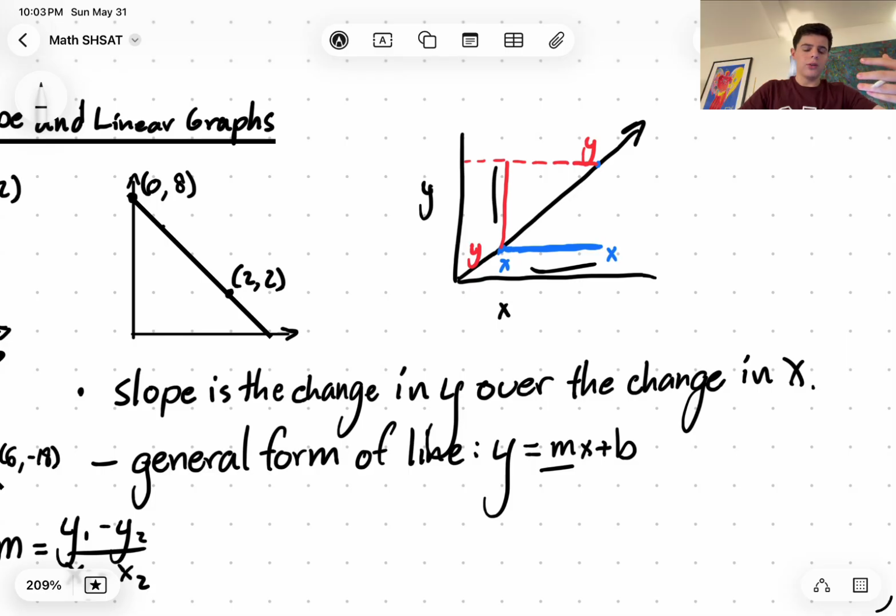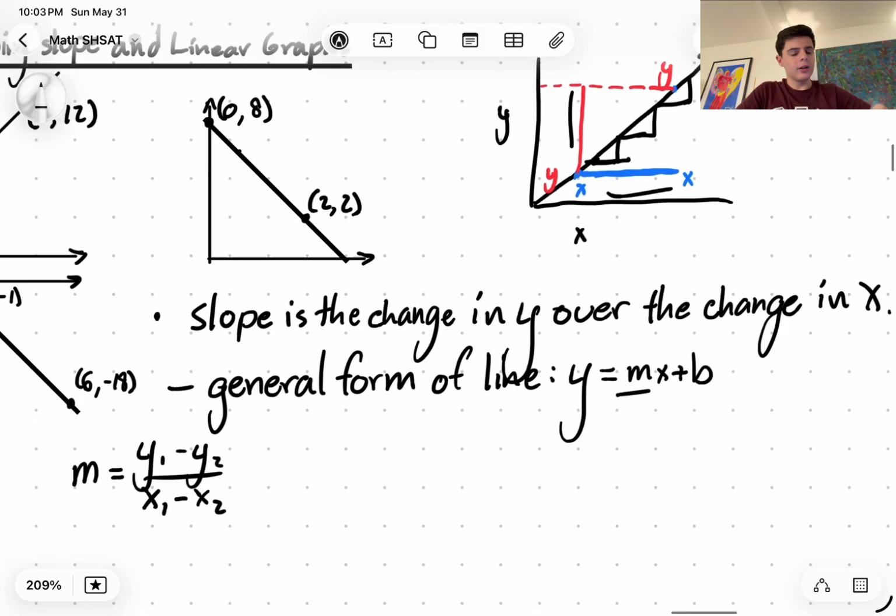And what that means is for every little change in x, let's say this is one, a step of one, we go up by a certain amount. And that will be true for every distance of one if it's a straight line, right? It will always go up by the same amount.